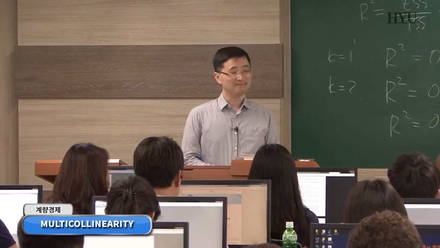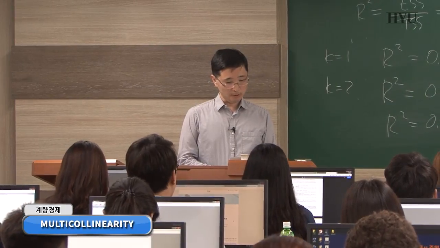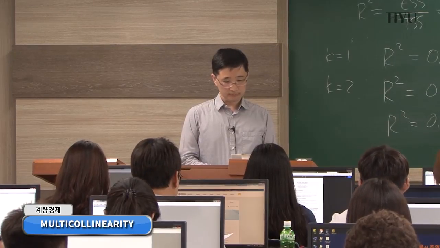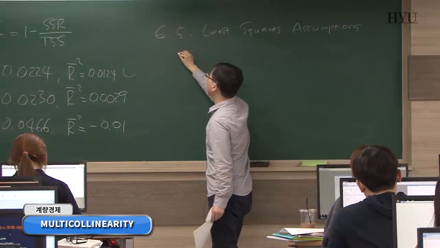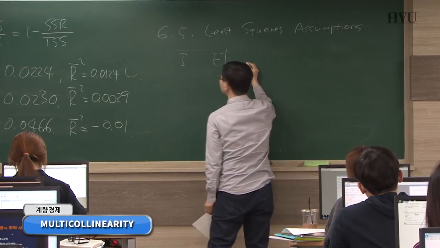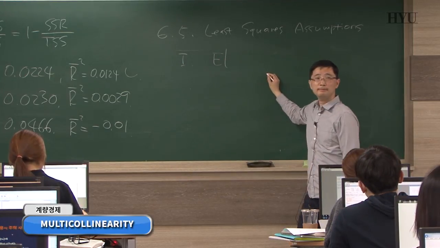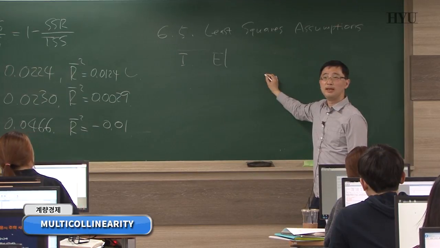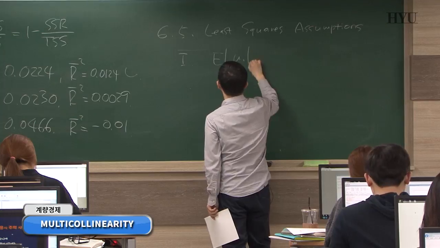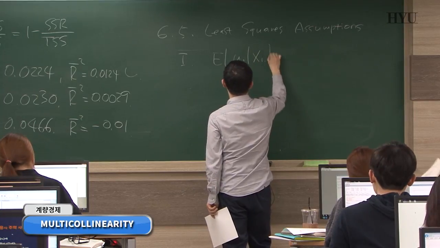But let's move on. So the next topic we want to do is in day 20, reading guide. What was the first assumption in the regression? X and U are uncorrelated. Now you have many x's.